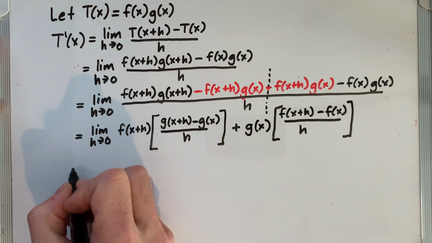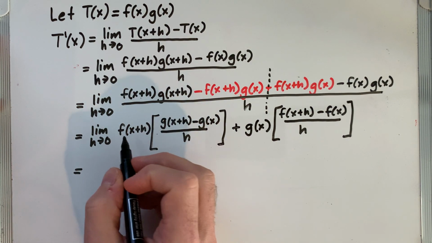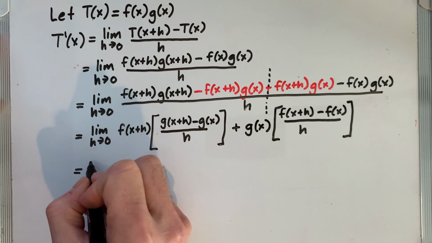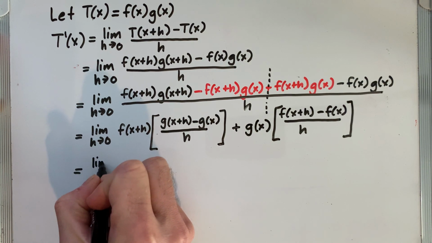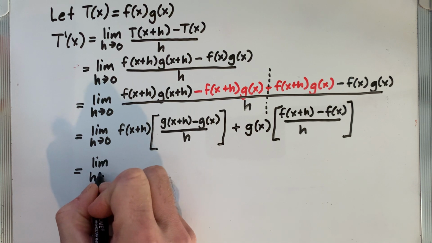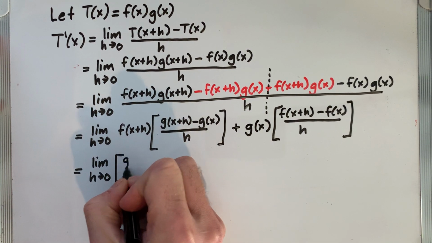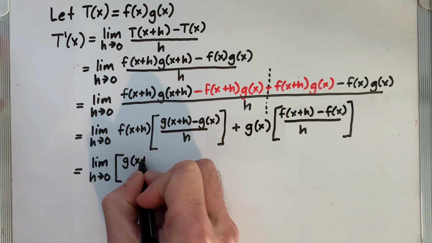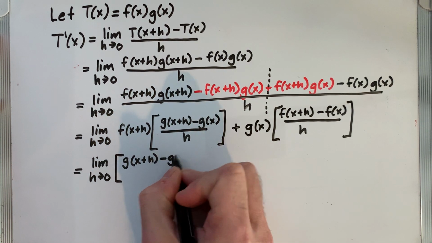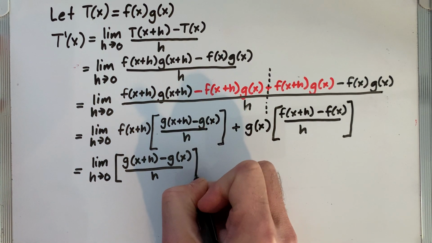Okay, so what this is going to equal here is this limit as h goes to 0 of g of x plus h minus g of x over h.